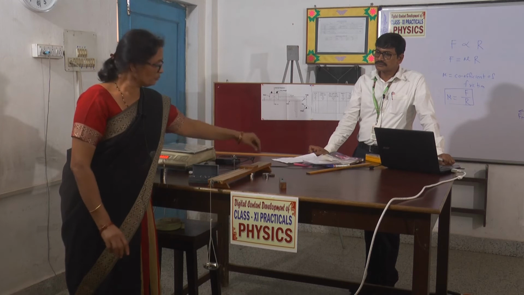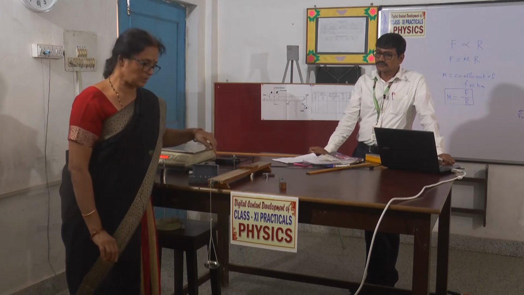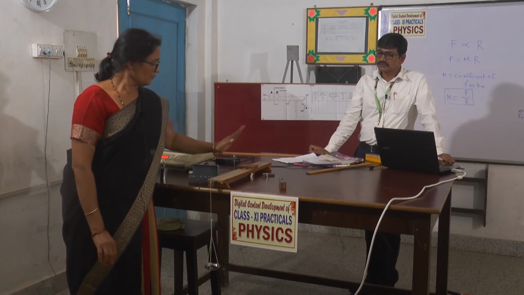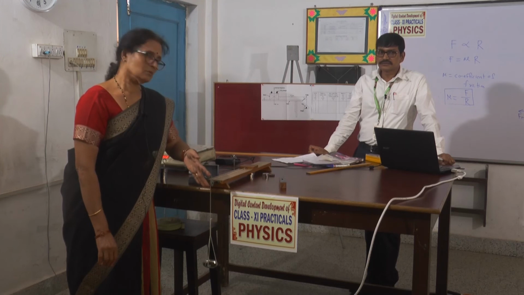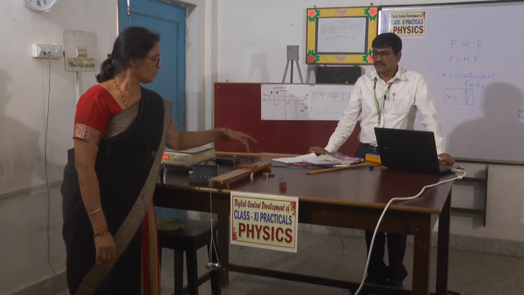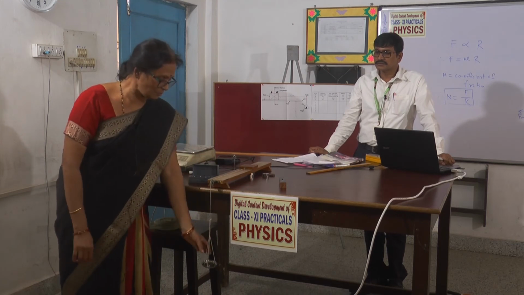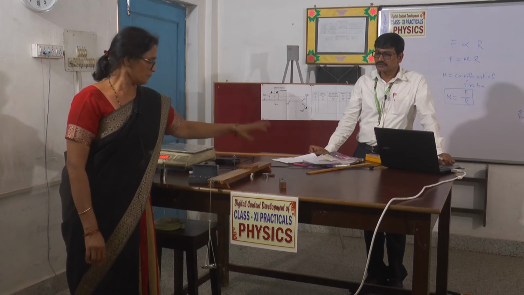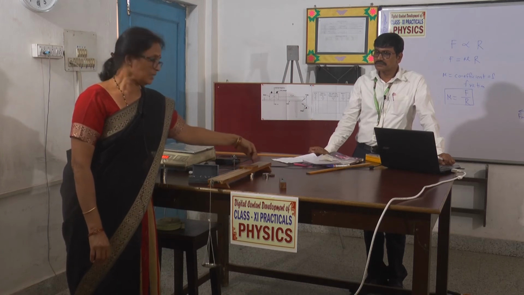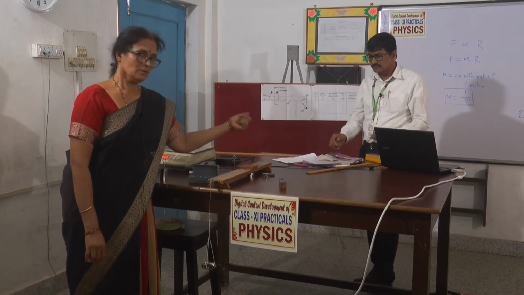Suppose it moves with the weight of the pen and the weight on the pen, that is 2 gram plus 16 gram, then that means the weight applied by the pen and the weight on the pen is sufficient to overcome the friction. That means this is the limiting friction. So limiting friction will be the weight of the pen plus the weight on the pen, and the normal reaction is the weight acting downward, that is the weight of the block, which is equivalent to the normal reaction supplied by the surface on the block.